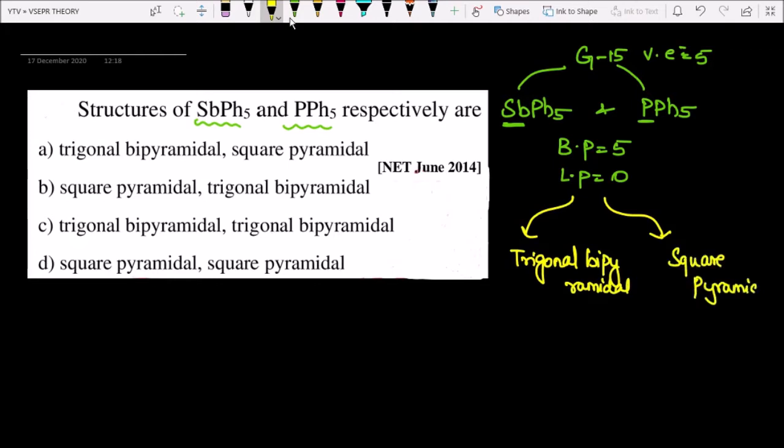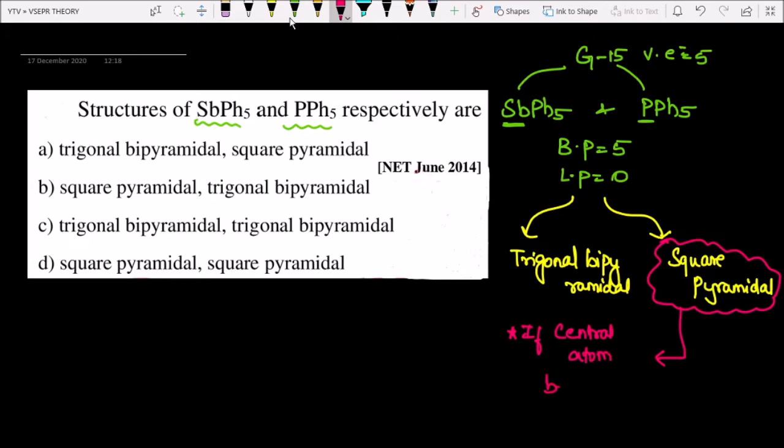Now what we need to know is when square pyramidal is possible. There are certain criteria under which a square pyramidal geometry is possible. There are two things. One is if the central atom belongs to the 5th or 6th period, then it could be square pyramidal, provided the surrounding ligands are bulky.